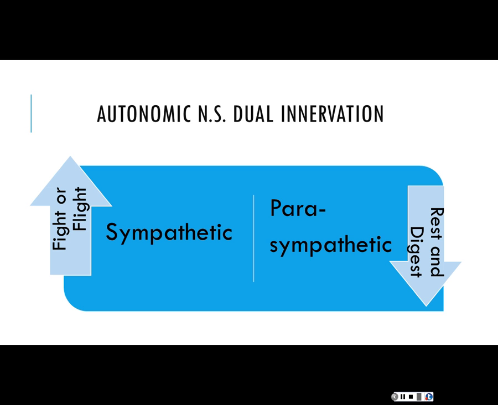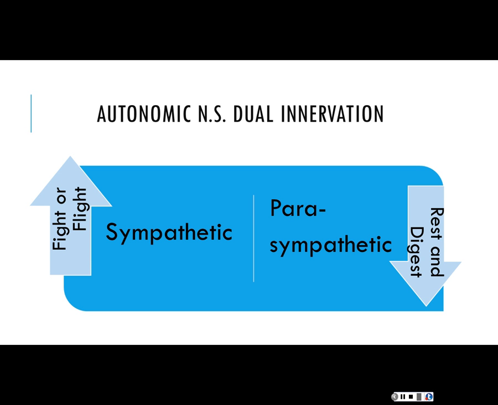It means that our internal organs are controlled by the sympathetic nervous system and the parasympathetic nervous system. Yet, the effects on the organs by each subdivision are very much what? Different. Opposite.